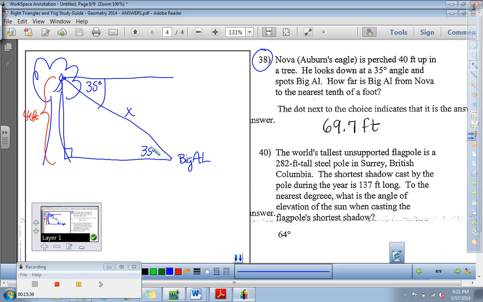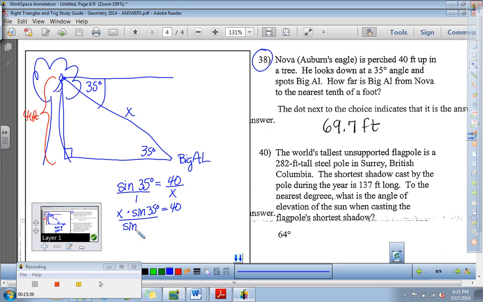So now we have 35 degrees, we have the 40 over here, the hypotenuse is x, and this is opposite. So we're going to use sine. The sine of 35 degrees is equal to opposite 40 over hypotenuse x. Cross multiply: x times the sine of 35 degrees is equal to 40.